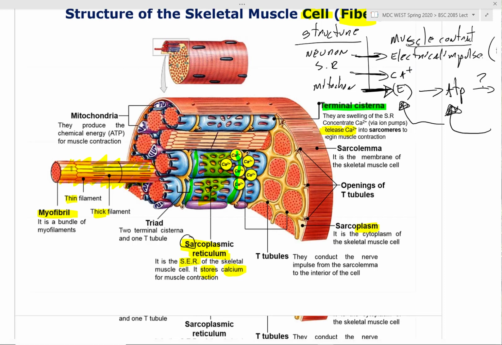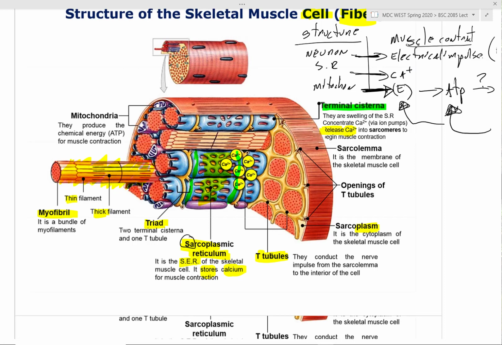The other structure related to the sarcoplasmic reticulum is the triad. The triad is just three. Triad means you have two terminal cisternae and one new one, which is your T-tubule. Why do we even care about the triad? We don't care that much about the triad.